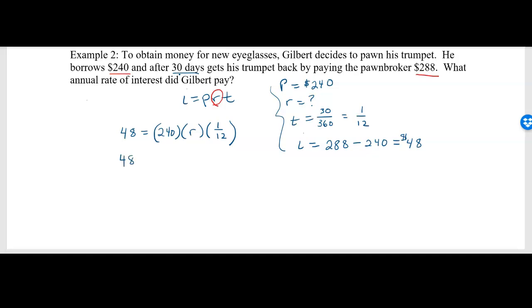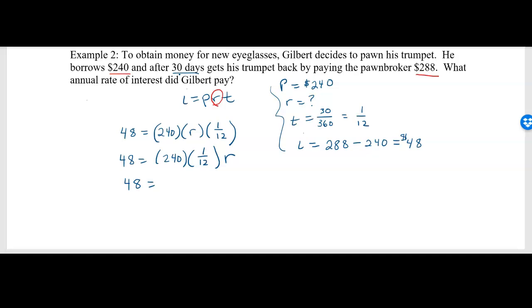Once you do this part right here, then you're ready to just plug everything into the formula. And look, I'm going to rewrite this using the commutative law, and we'll put R there. So all I'm doing is just pushing this over here so that we know we just need to multiply these. Now the next step. You're going to want to take 240 times 1/12 or 240 divided by 12.